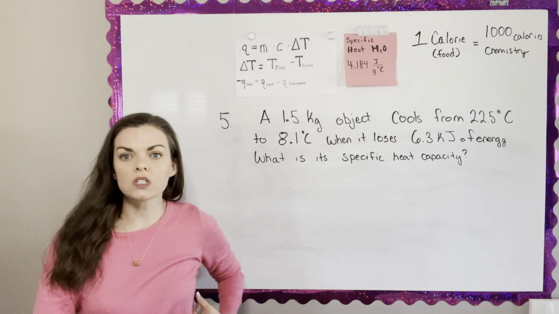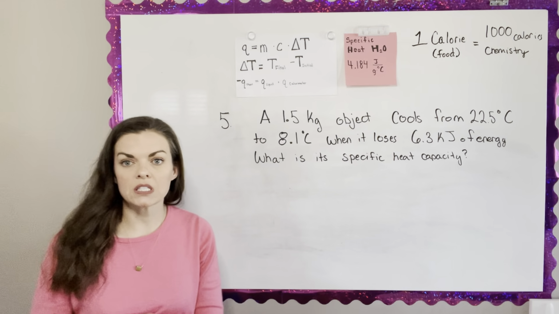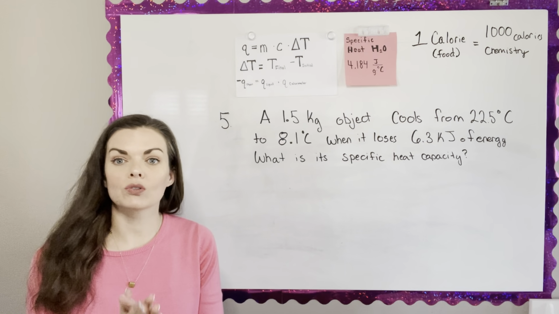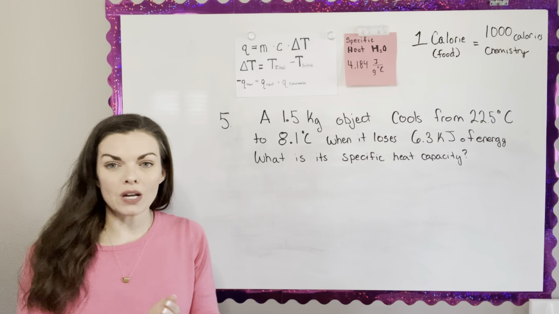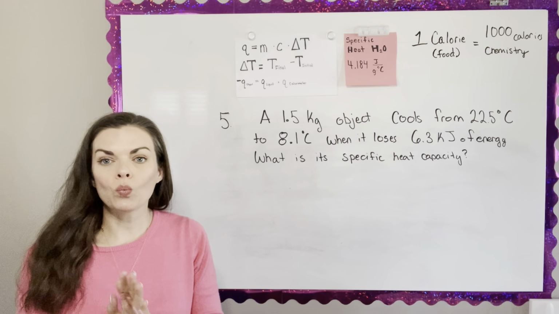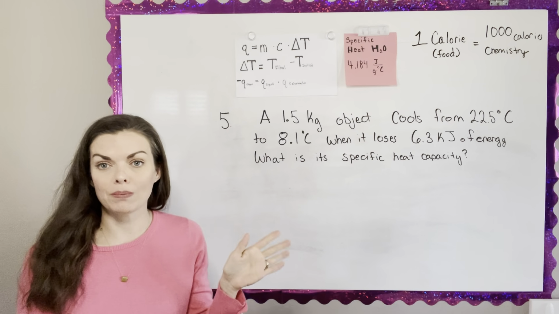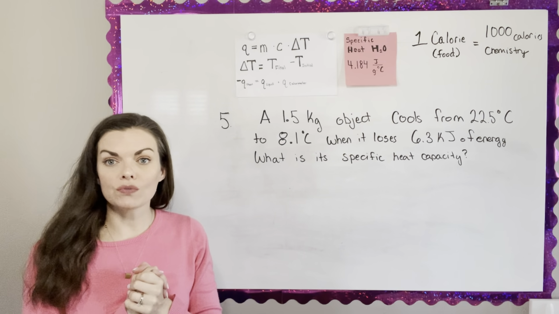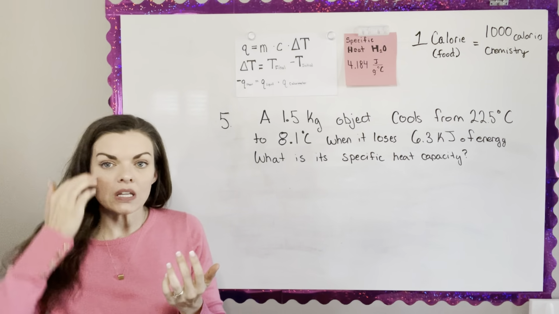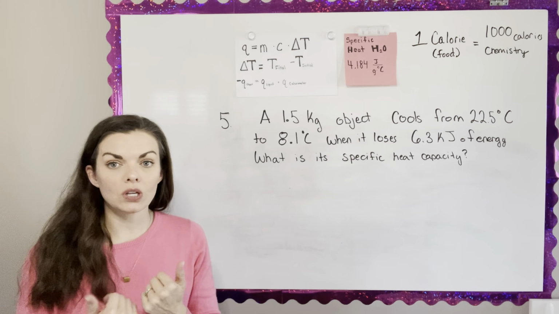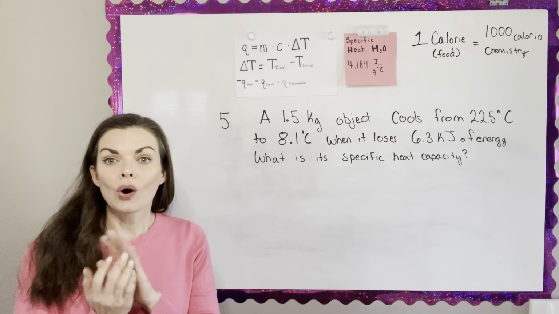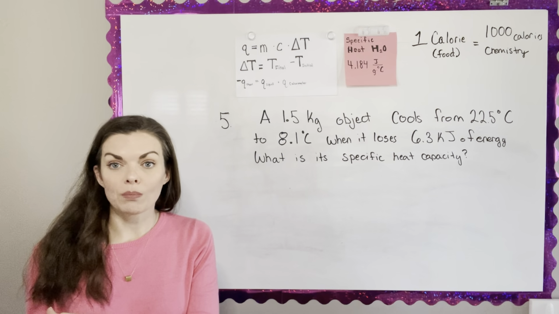So we're going to use these equations because there may be a time in science where you have an unknown compound or metal and you're trying to figure out what it is. Well, from the last question, where we were looking up specific heats in a table, the specific heat of certain metals or elements is known, and it's usually written down in a table in a book or on the computer. You could look it up on the computer.